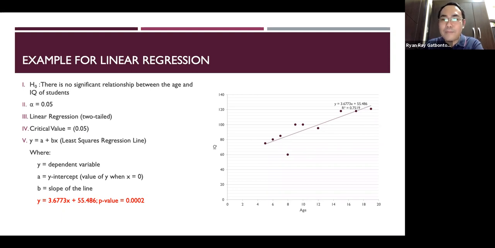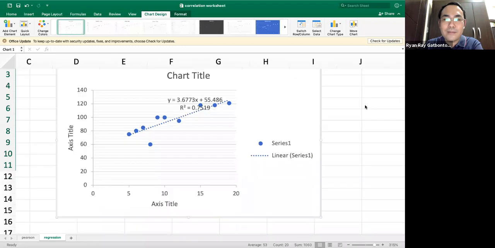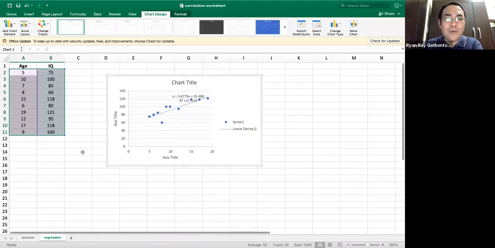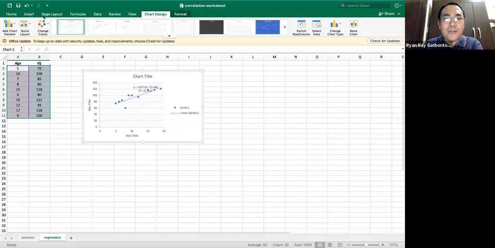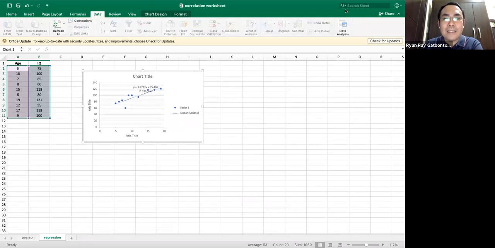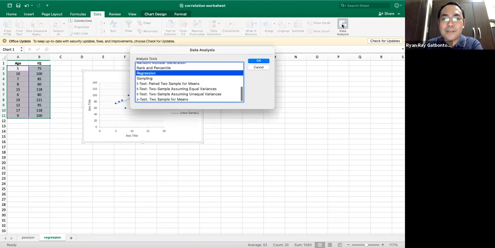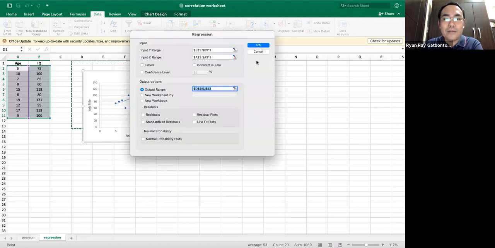We go back to our Microsoft Excel, go to Data, and choose Data Analysis. We click Regression and then click OK.